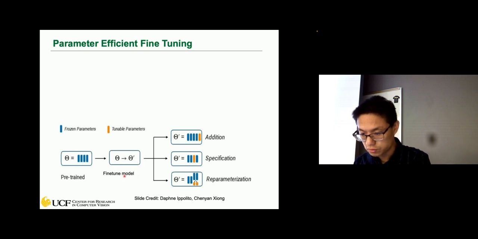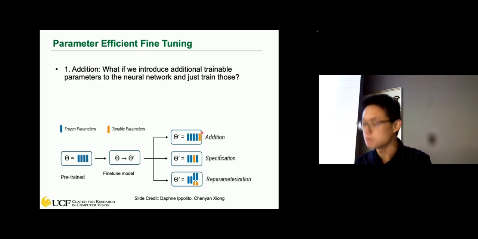We want to fine-tune the model to theta prime, so that it adapts to the downstream task. One strategy is adding some tunable layers. Here, the blue color indicates we freeze these parameters. They are pre-trained, we don't touch them, we just keep them frozen.